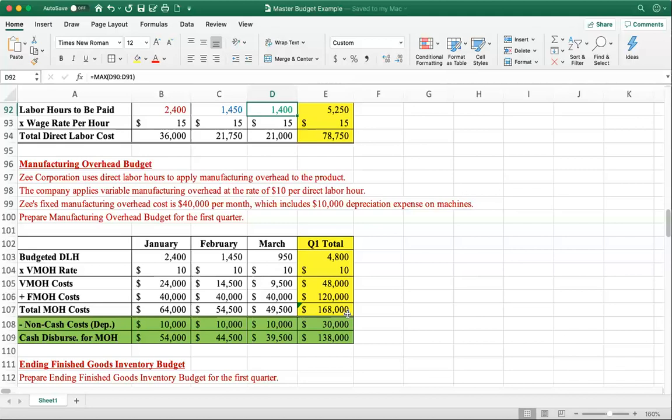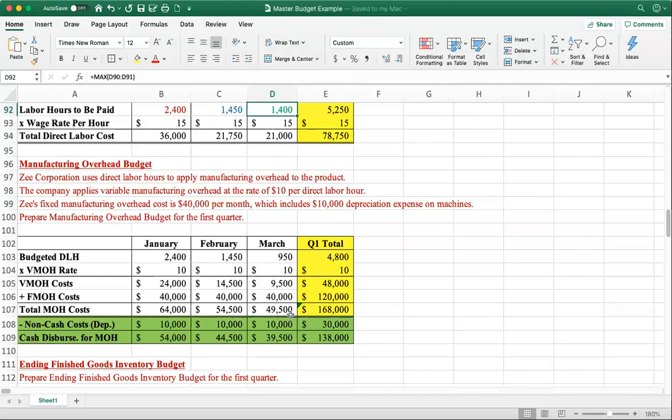They should follow the same rule, which is generally accepted accounting principles, following the accrual basis of accounting. So we are going to use 168,000 for the quarterly total manufacturing cost, and for monthly manufacturing cost 64,000, 54,500, and 49,500.